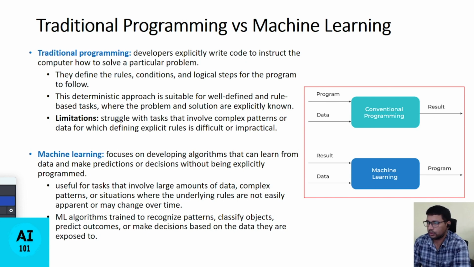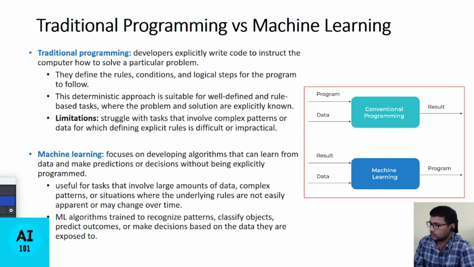It is hard to solve complex problems using this conventional programming method. On the other hand, in machine learning, we have data, and we provide the result of the data. For example, if we have an image including a cat, we input that image and the respective label, for example, cat, and then the machine learning tries to develop an algorithm by itself to identify and solve that problem, right?